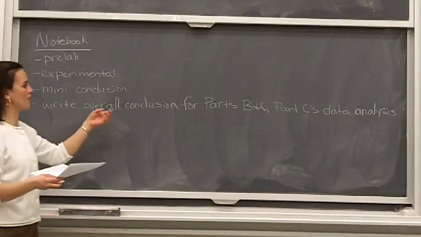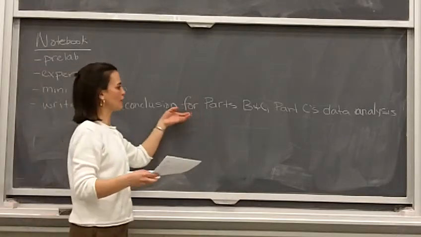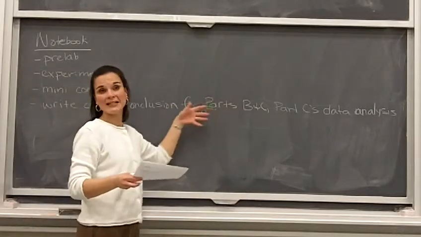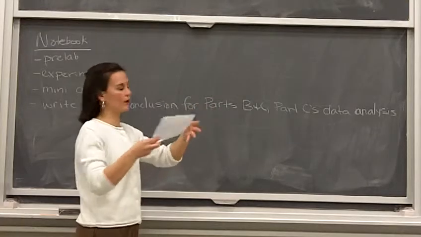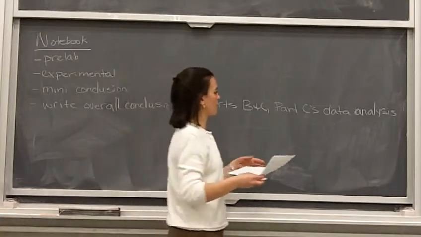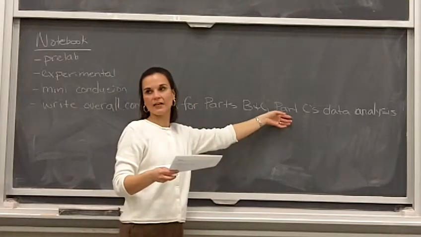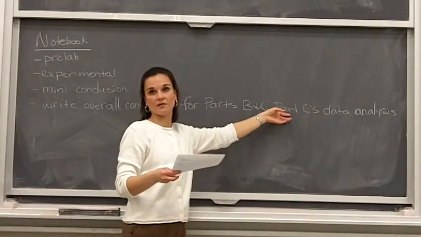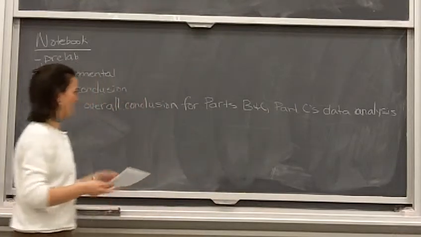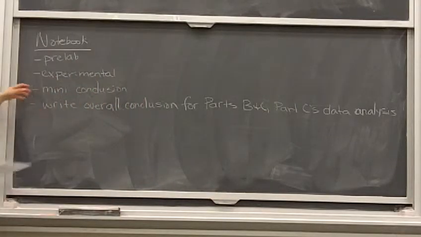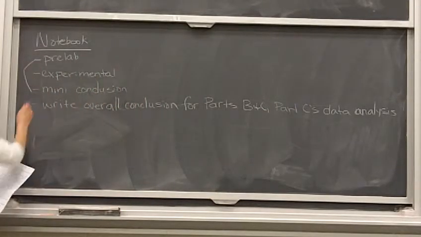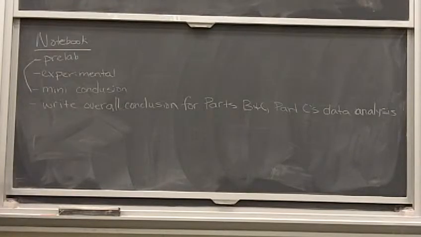So this final conclusion that you're going to write is going to be a conclusion where you summarize B and C together, looking at them as one experiment with 2 parts, and then you'll look at the data analysis and the data that the class collects for part C, okay? So this one won't be due for a while. These 3 you want to make sure that you do for both B and C, all right? And then this one will be due like the week of midterm.